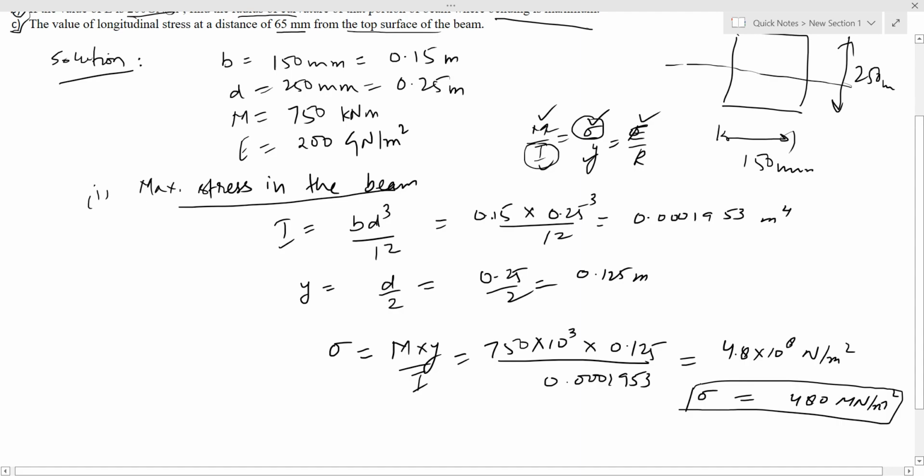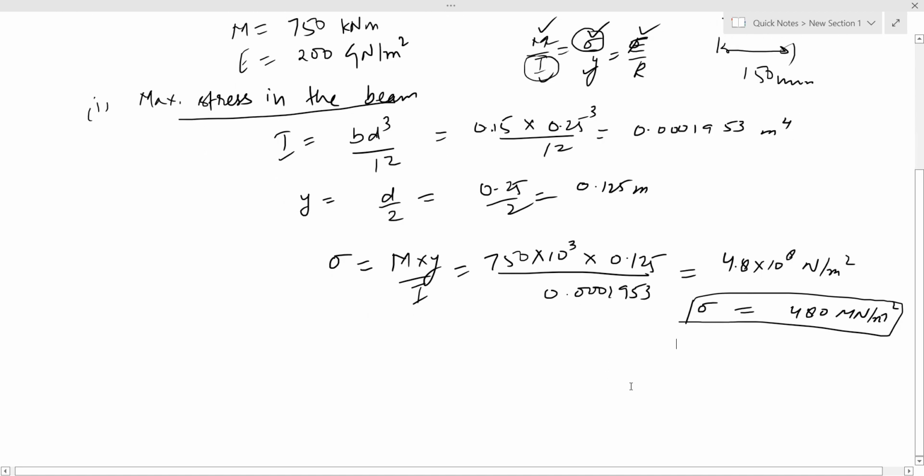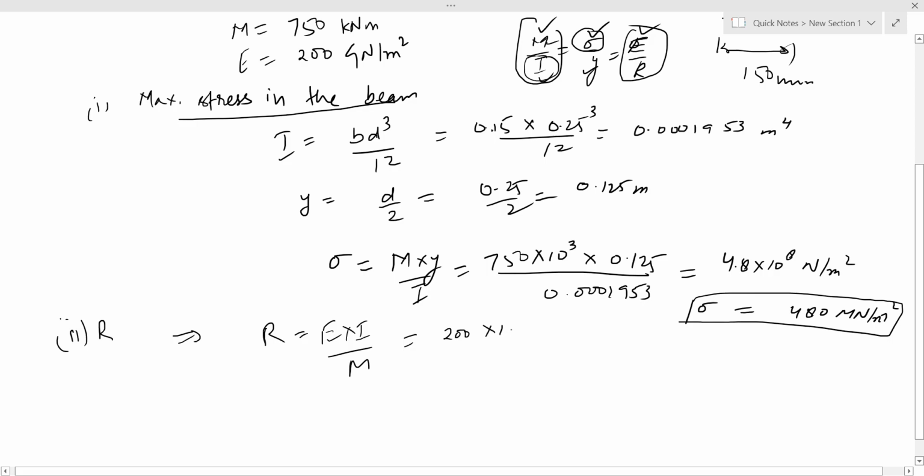Secondly, we have to find the value of radius of curvature R. For this, we know from the relation here, M upon I equals E upon R. So R will be equal to E into I upon M. And we know the value of E as 200 into 10 to the power 9, into the value of I, 0.001953, whole divided by the value of M, 750 into 10 to the power 3.